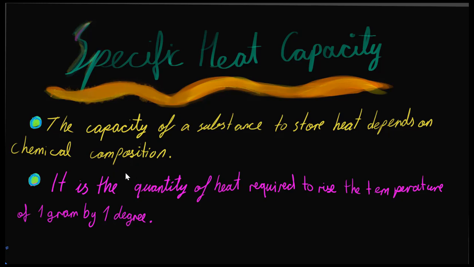So we can understand that every object has a different composition and it affects the specific heat capacity. Also, we can define specific heat capacity as the quantity of heat required to raise the temperature of 1 gram by 1 degree.